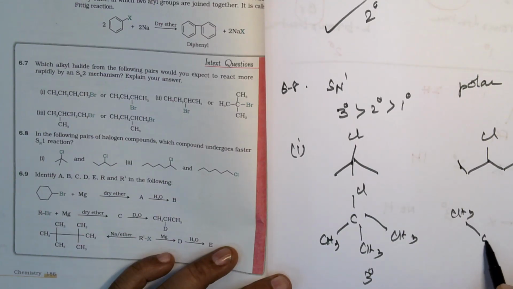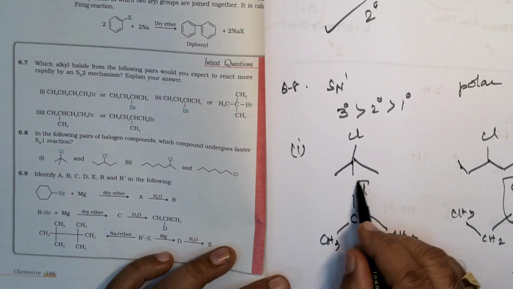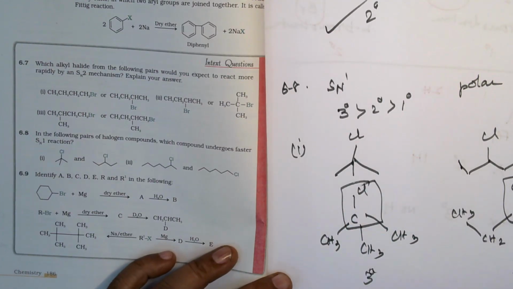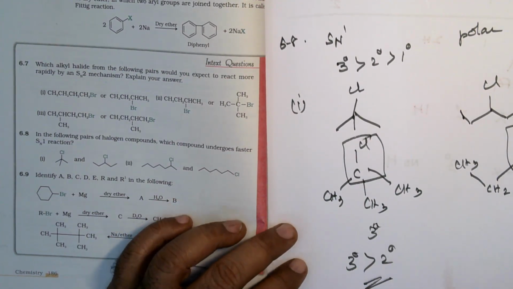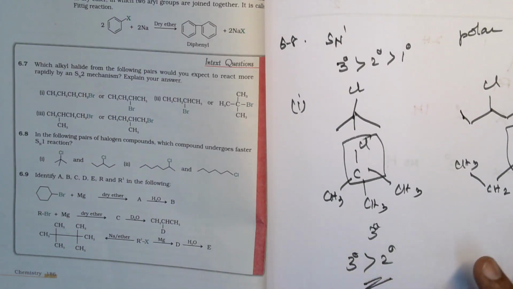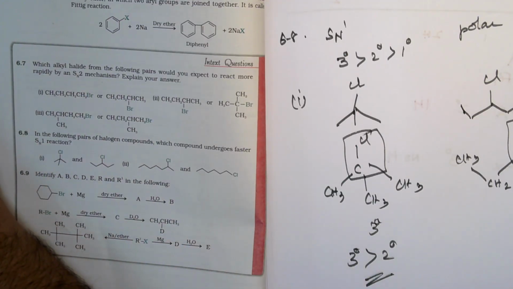CH3, CH2, CH, Cl, yes, secondary. We know very well this is secondary, this is tertiary. So tertiary is more powerful than secondary. Okay. So likewise, we can come to a conclusion. Okay. Any doubt?